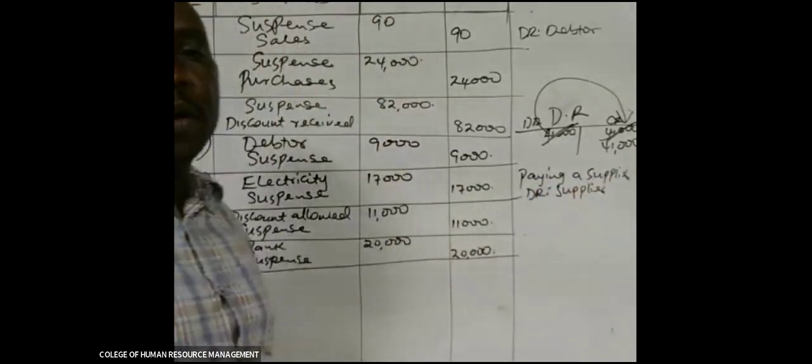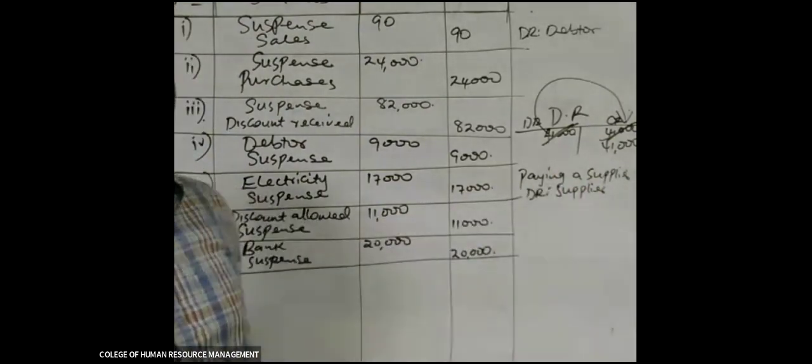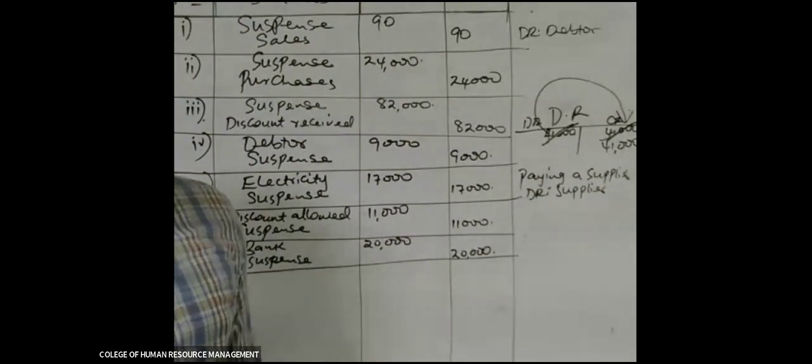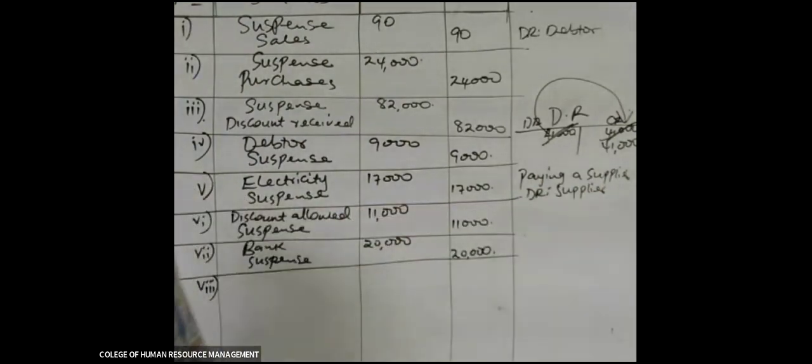The only point where we credit the supplier is when we are purchasing from that same supplier. When the supplier is supplying goods to us, that is when we credit. But when we are making a payment, the supplier account should be debited.